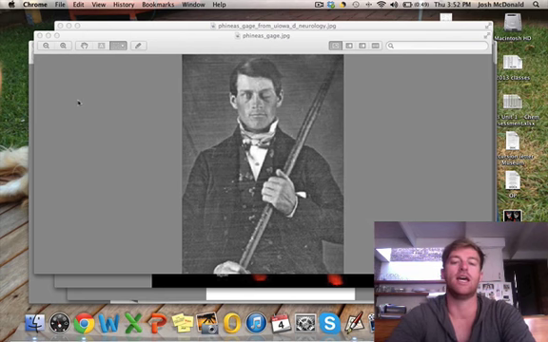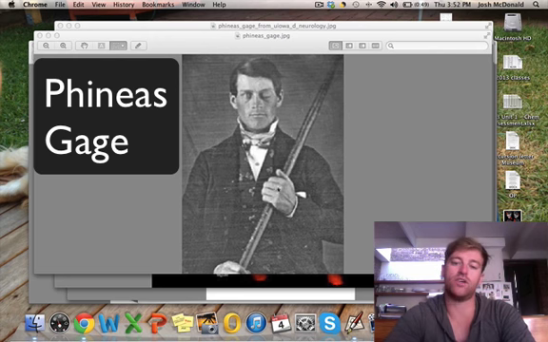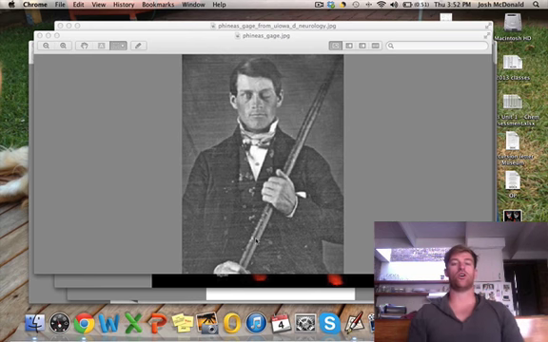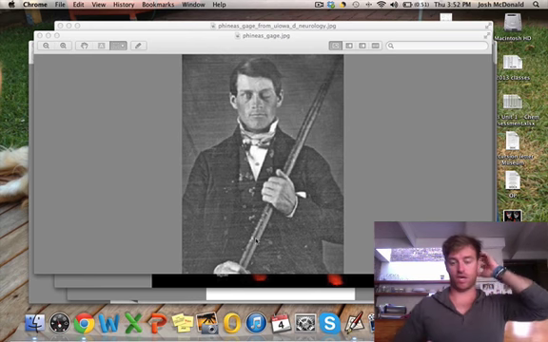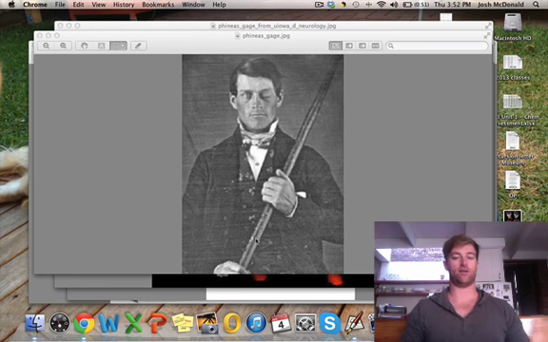Handsome fellow, isn't he? He's looking very nice there in his jacket, holding this thing here, a giant metal rod, I suppose. Phineas used to work on the railways, and he was in charge of blowing up large sections of area so that they could move away the rubble and make a nice little track.